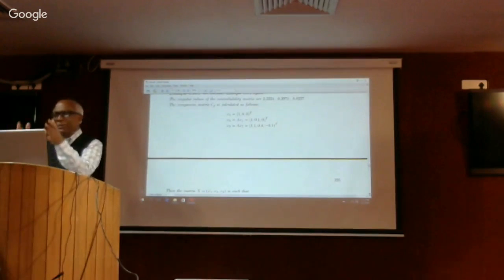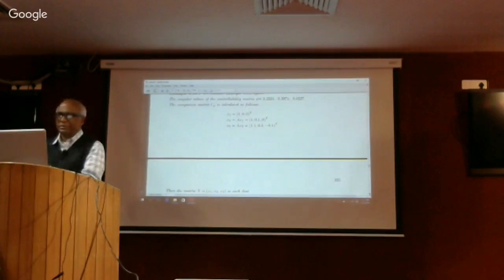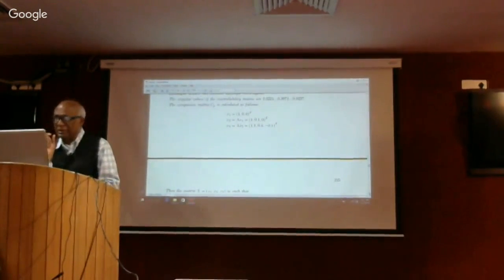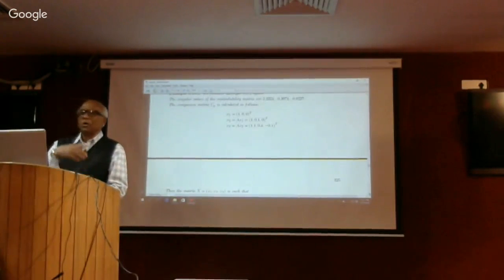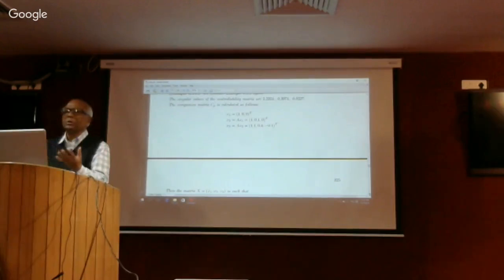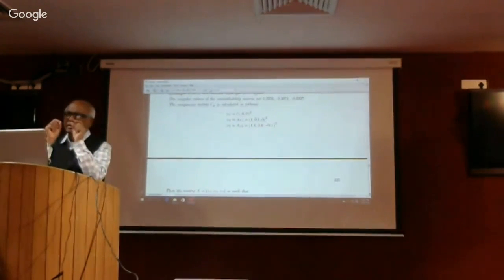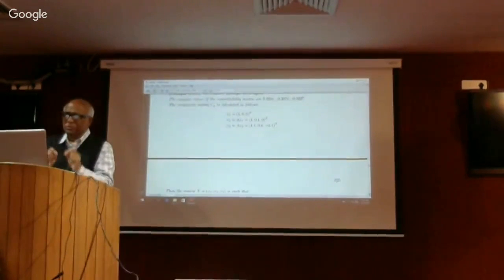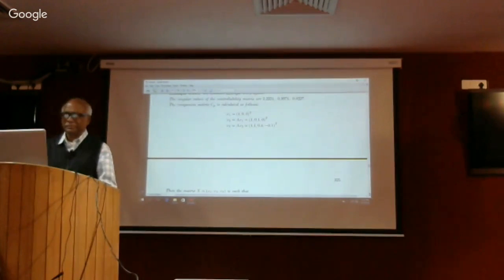Because you have a system, the initial state is given. That may not be unique. But unless the initial state is unique, you cannot determine the state of the system, because the state x of t at a given time t depends on the initial state. So the initial state has to be uniquely determined. Otherwise, for different initial states, you will get different states.